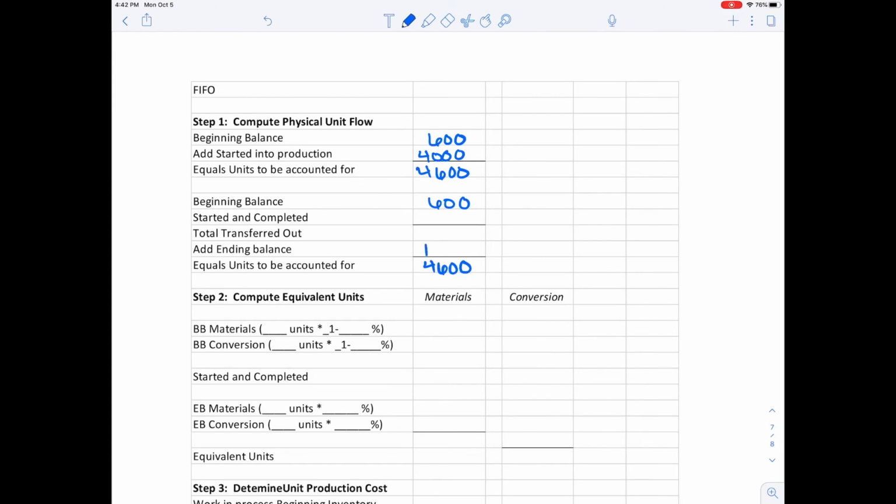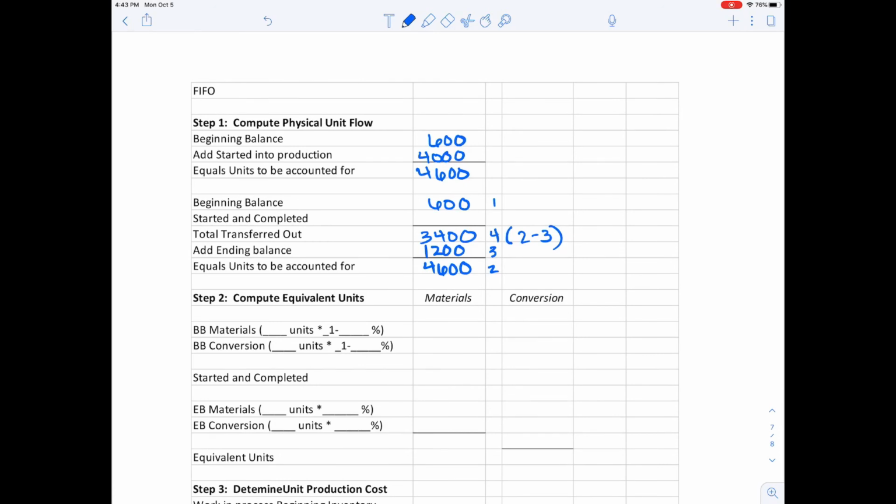Let's put in what we know. We know our ending inventory. They give that to us. So I'm going to start with this. I knew that number, knew this number, knew that number. To get this number, I'm going to take 2 minus 3. So I know my transfer out number is 3,400.